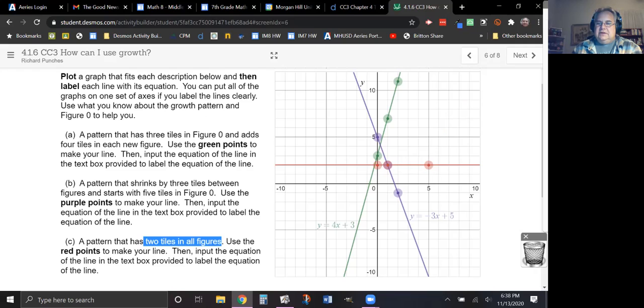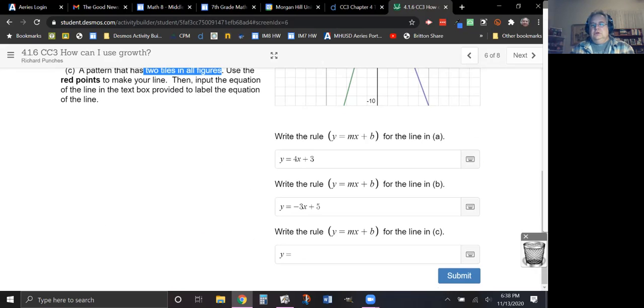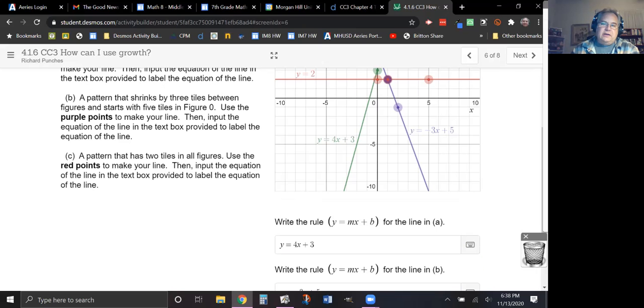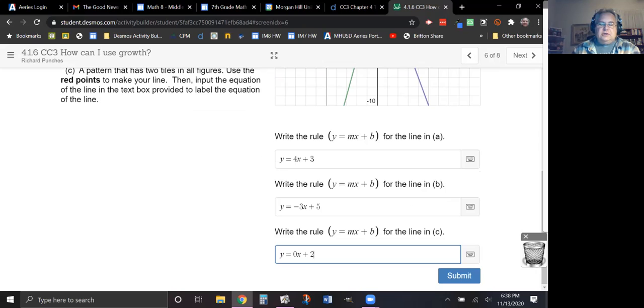If that's the case, then you're going to get a horizontal line. What's it growing by? If every figure always has 2 tiles, by what did you grow? So in this case, it grows by 0, so y equals 0x plus the 2 tiles at figure 0, because we know that every figure has 2, even figure 0. So I would say y equals 0x plus 2.